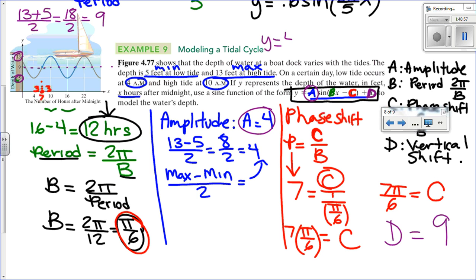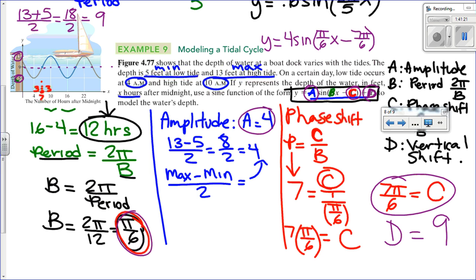So 4 times the sine of, we need B. B is right here, pi over 6, times x minus, we need C. And C, we actually found it right here: 7 pi over 6, close parentheses, and now we need plus D. So D happens to be 9. And that is the end of this video.